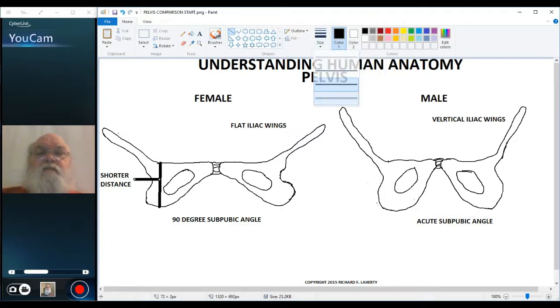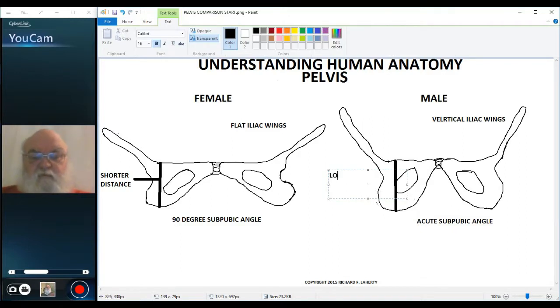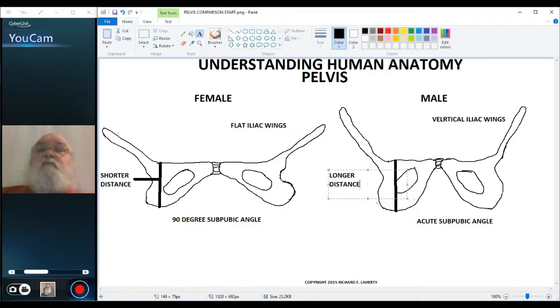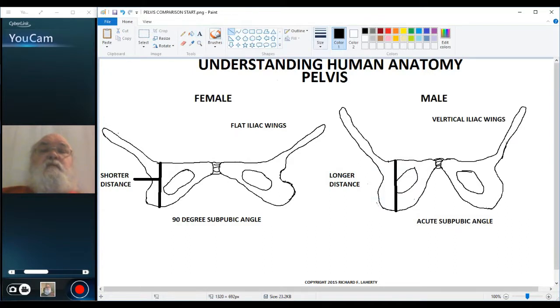In the male, that distance is longer. So the pelvic canal is longer in the male than in the female.